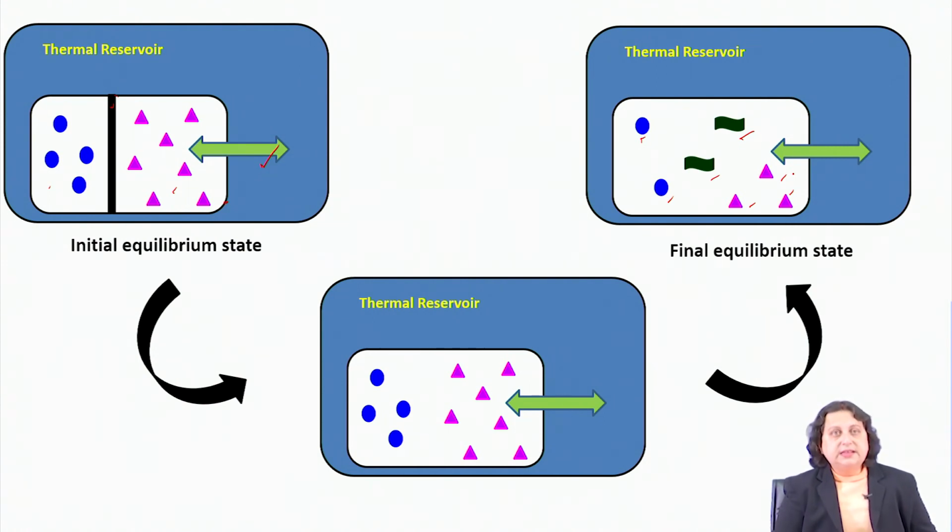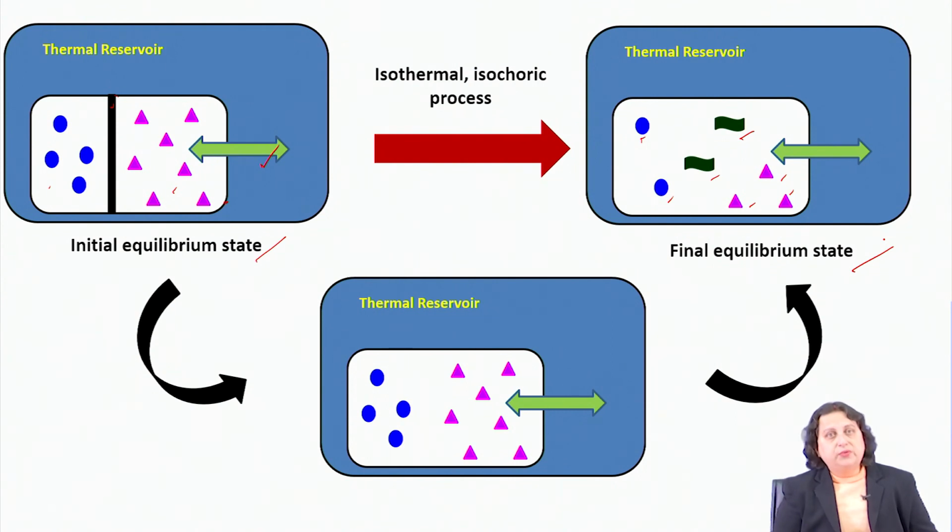So, here this passage from the initial equilibrium state to the final equilibrium state is what I would say is an isothermal isochoric process. So, you might argue that initially the volume of the system was not the same as that available to the blue reactant or the pink reactant.